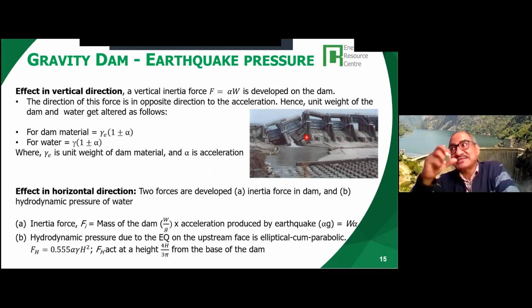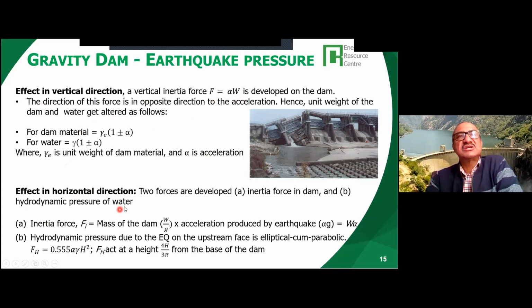When the dam breaks and all the water is released quickly, it can create flooding, debris flow, and so much water flowing in such a short time that it can cause huge loss in the downstream portion. The effect of vertical inertia force, alpha W, is developed on the dam. The direction of the force is opposite to the acceleration. Hence, the unit weight of the dam and water get altered as follows: for dam material, and for water, this is the expression.